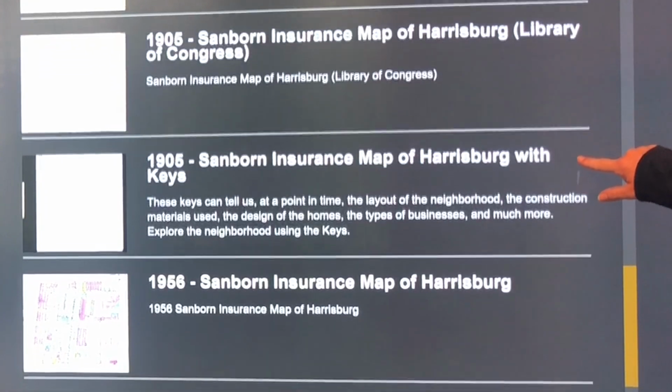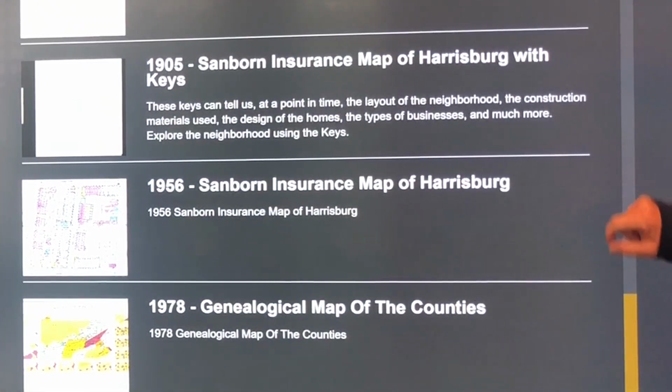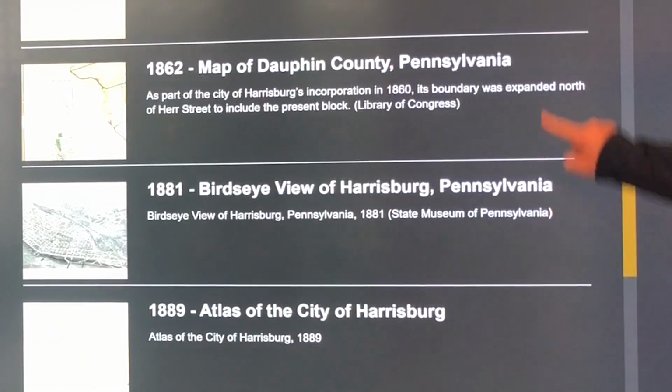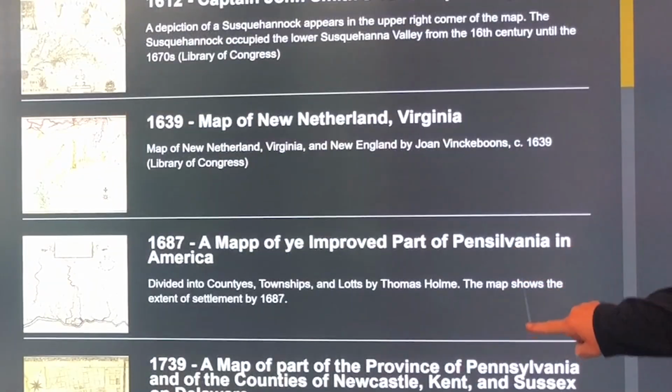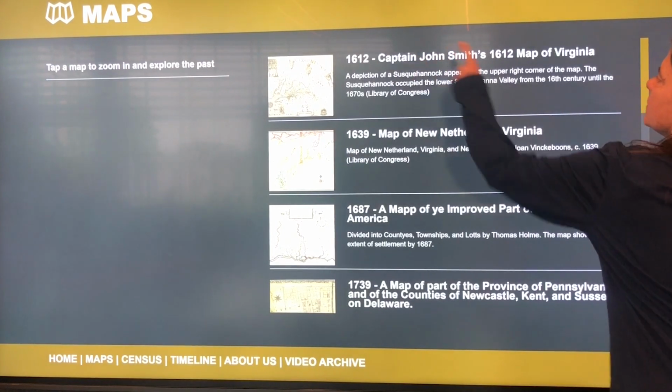You can use your finger to move the listing of maps up and down. When you find the map that you like, tap on it.